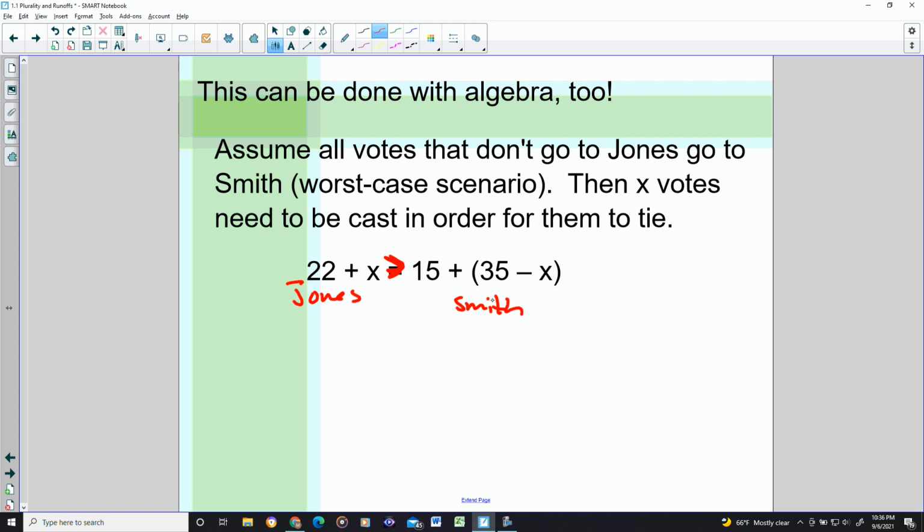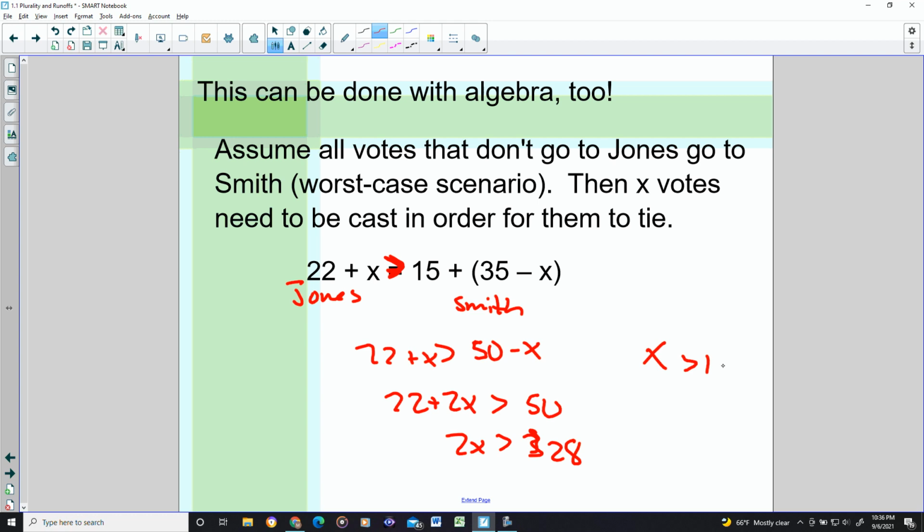All right, and when you solve this equation, that becomes 50 minus X on that side, greater than 22 plus X. What happens is you then can add an X to both sides, and you get 22 plus 2X is greater than 50. So 2X is greater than 28. And then X must be greater than 14.